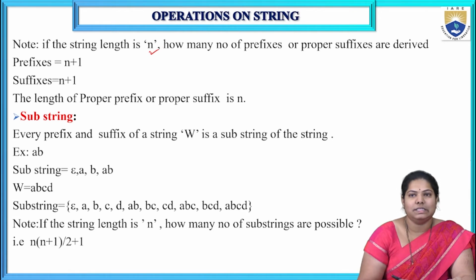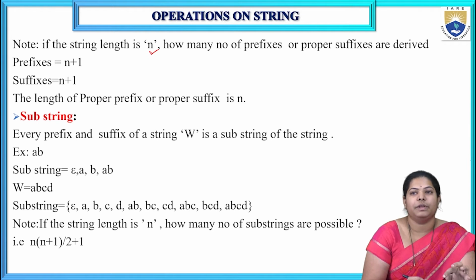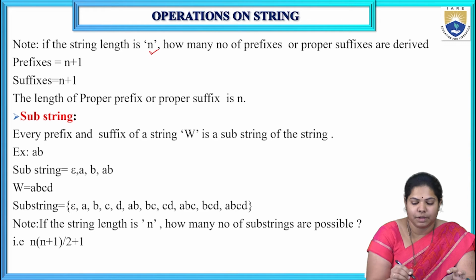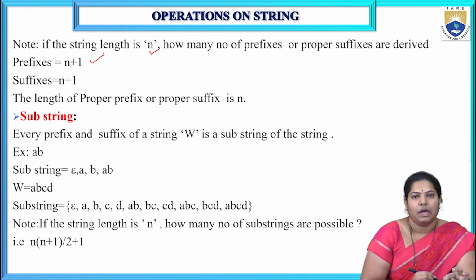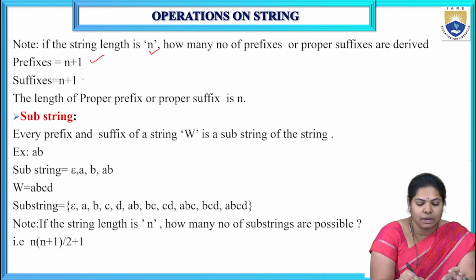If the string length is n, the number of prefixes derived from the n-length string is n plus 1. The number of suffixes derived from a string of length n is again n plus 1.